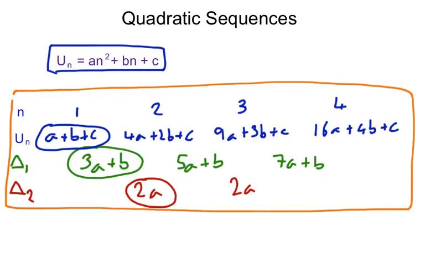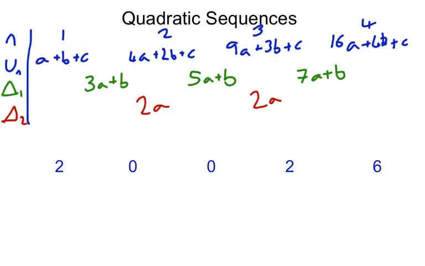So this table here is really important, in particular the 3 values circled there. So let's have a look how we can use it on a couple of examples that we don't know the general term for. So the table is at the top, that's what we're going to be using, and the example is along the bottom: 2, 0, 0, 2, 6.